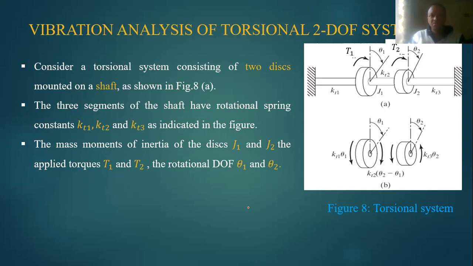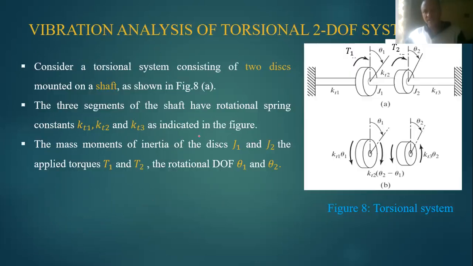We now consider a uniform shaft with uniform diameter, which is carrying two discs, which are flywheels. These flywheels are rotating with some RPM, and then a relative deflection takes place between them. So these are all under consideration here. This is what we are going to talk about.